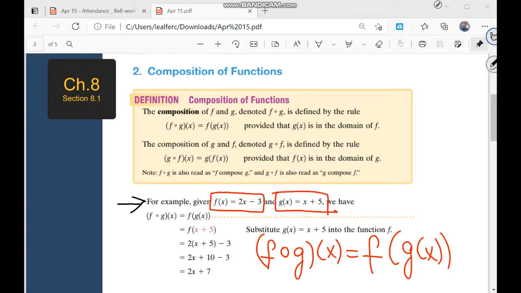Some students in the first period said this is multiplication because this means multiplication, f o g. No, this is an open dot. It's not a closed dot. Multiplication would be something like that, right? This is an open dot. It's not multiplication. It's something new.